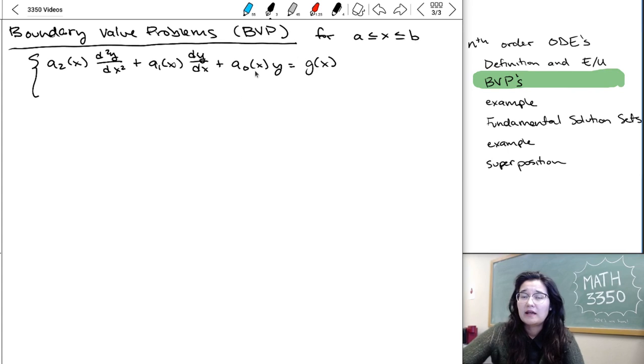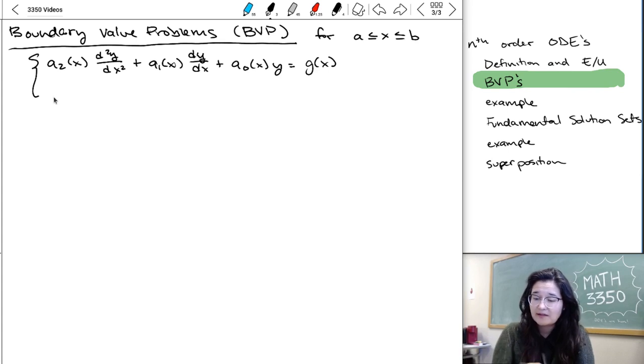And in our initial value problem, we would specify y of x0 equals y0, y prime of x0 equals y1, so on and so forth. But now instead of specifying many initial conditions, we're going to specify two boundary conditions.